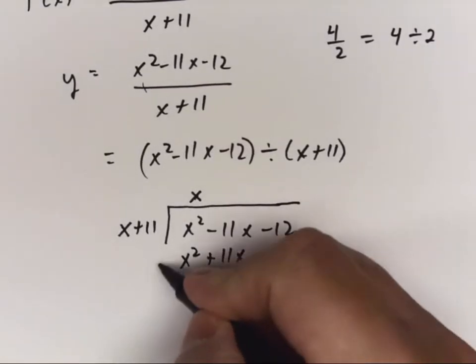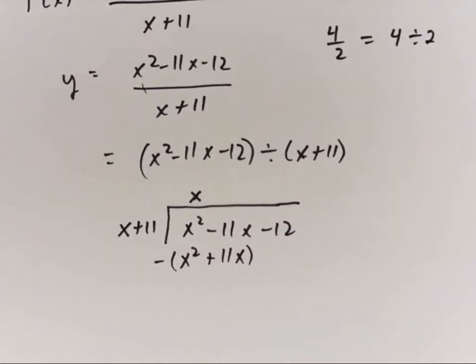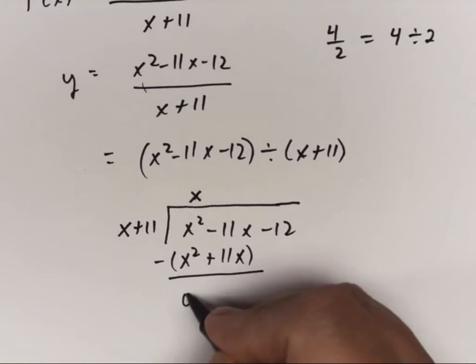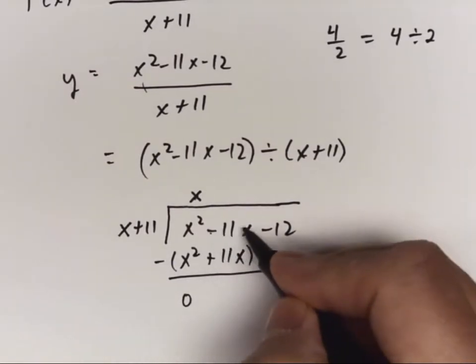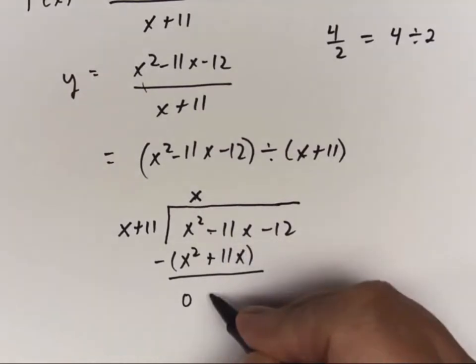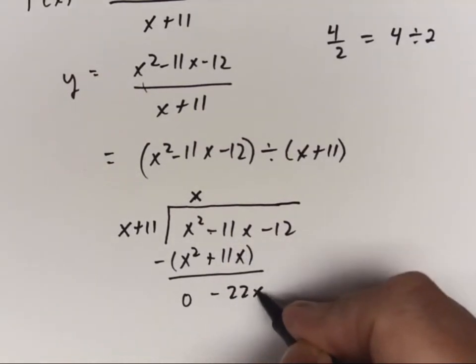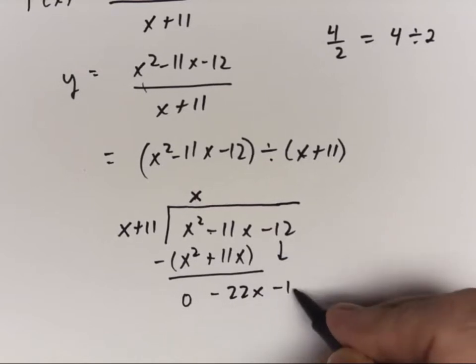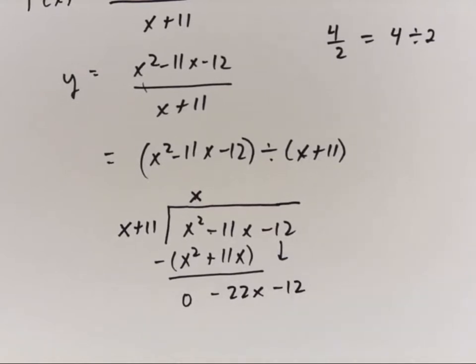And then I subtract this whole thing. x squared minus x squared is 0. Negative 11x minus 11x is actually negative 22x. And then I bring down this term.